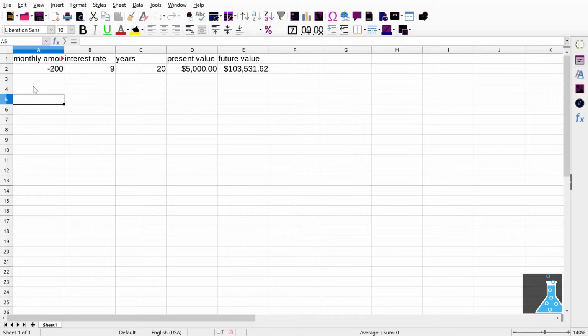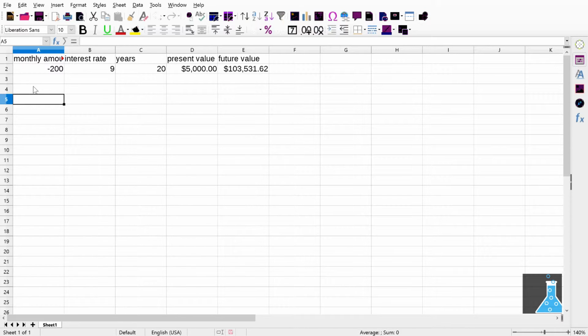So another equation that I want to show you guys is how to figure out the monthly amount given a future value that we want to have. Let's say we want to set a goal for a certain future value.